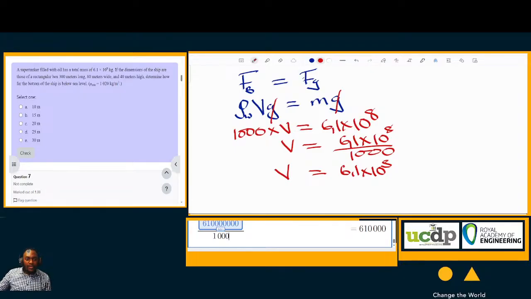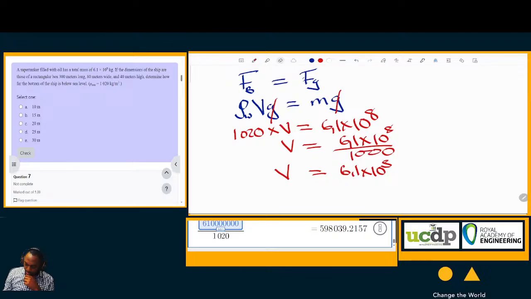Oh, the density of sea water, okay, it's 1020. So I can't use 1000, the density of water. Okay, so let's change that. I had missed that I used the density of water, which is 1000. So in this case, it's 1020.